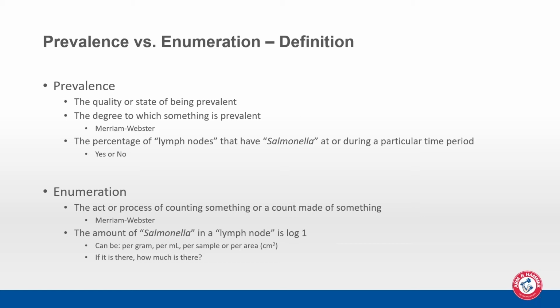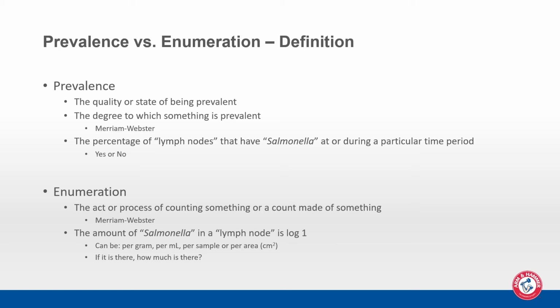That time period could be once a day, once a week, once a quarter, or monthly or weekly. Depending on what your study is, the prevalence could be a percentage of just yes or no. Is it there or is it not there? And in this case, we're talking about Salmonella.